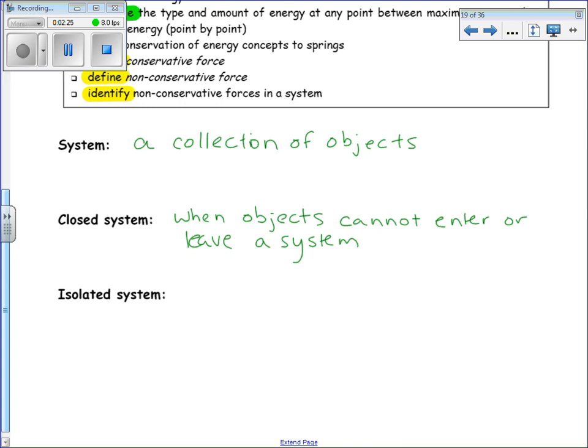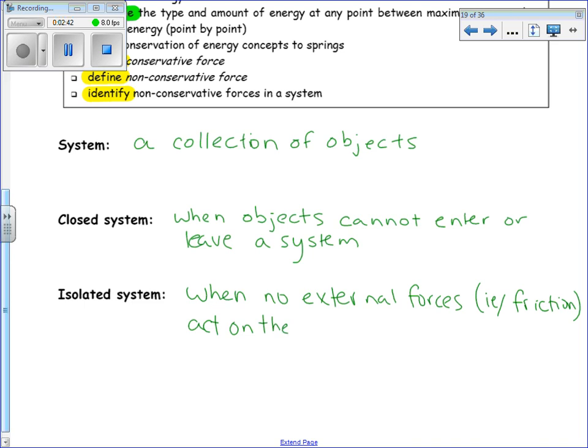An isolated system is when no external forces, which would generally be friction, act on the system. So when we say that a system is isolated, we're saying there's no friction, or if we say that an object moves on a frictionless ramp, then that means the system of the object on the ramp is isolated.